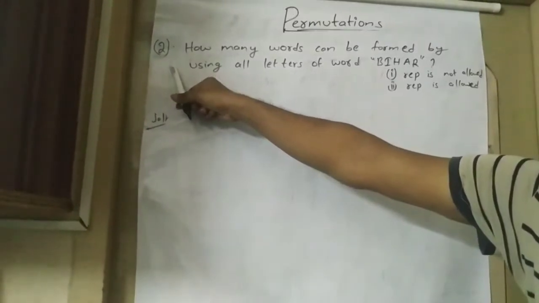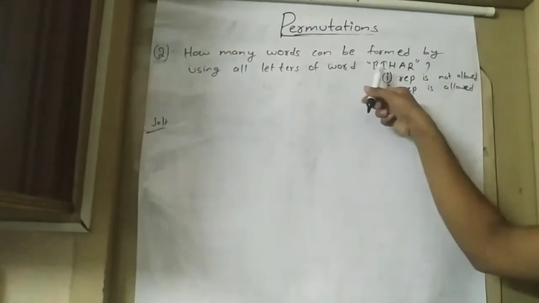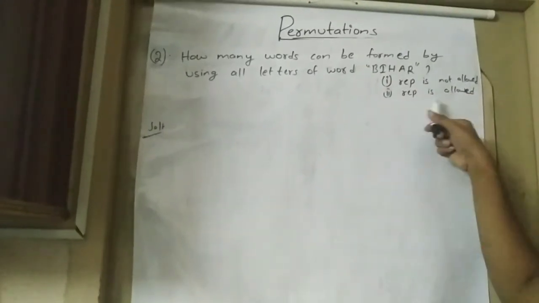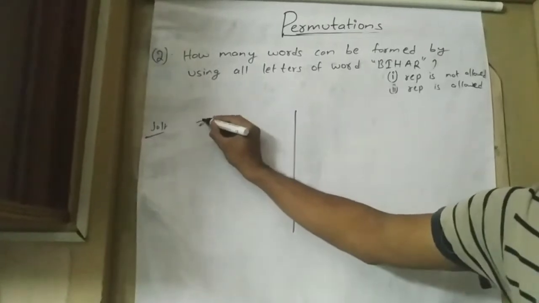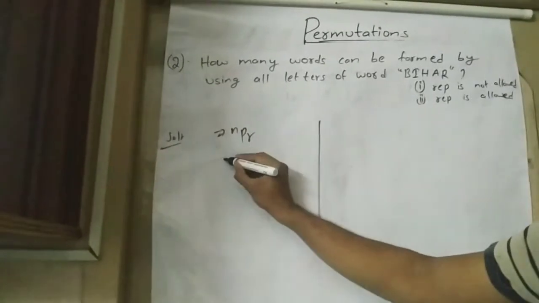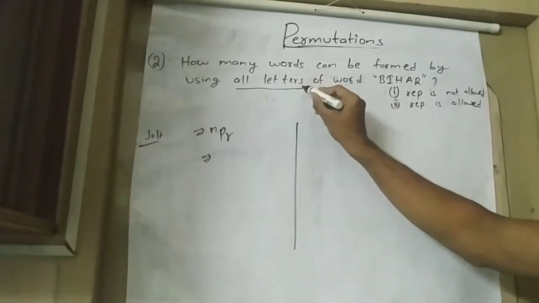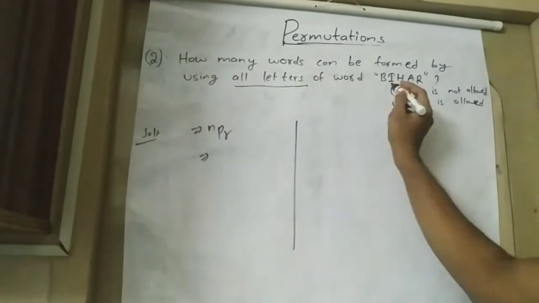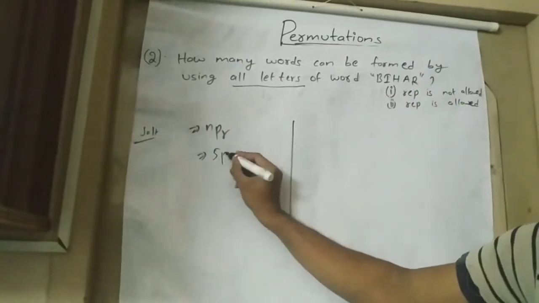In the second question it is given: how many words can be formed by using all letters of the word BIHAR if repetition is not allowed and if repetition is allowed. If repetition is not allowed, the number of ways will be nPr. Here they have told to use all letters, so n and r will be the same. So n means 1, 2, 3, 4, 5, that is 5P5.